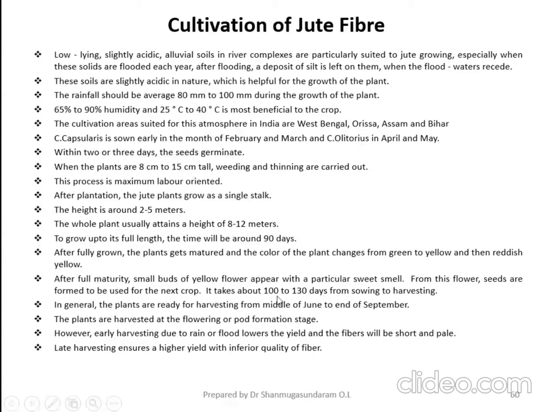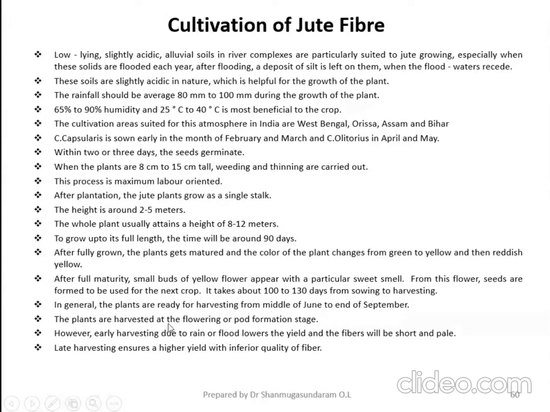It takes about 100 to 130 days from sowing to harvesting. So nearly you need 130 days for harvesting. In general, the plants are ready for harvesting from the middle of June to the end of September.